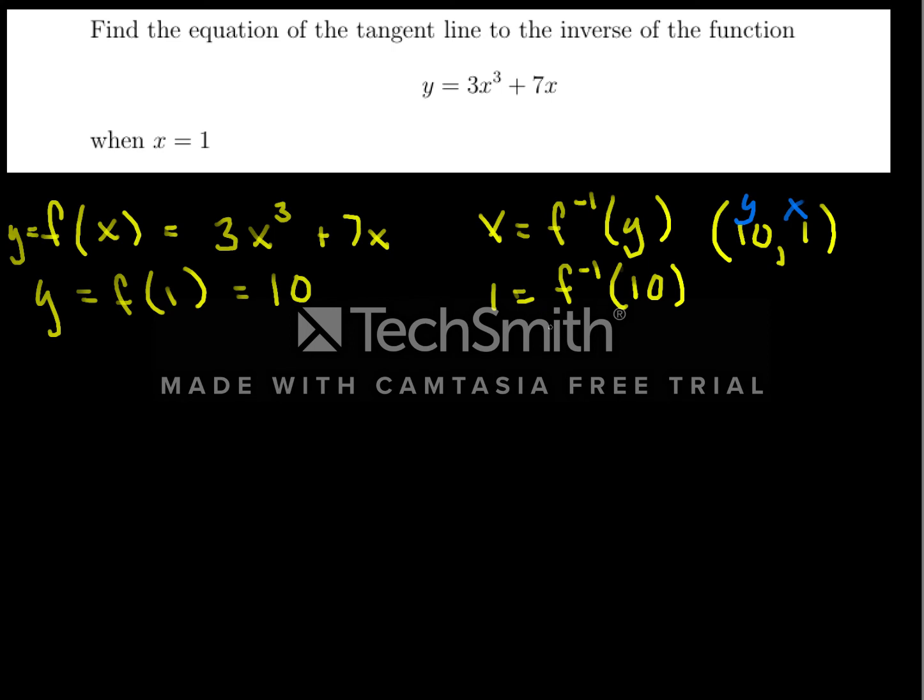And so then the equation of my tangent line will be x minus 1 is equal to the derivative of x with respect to y, evaluated when y is equal to 10, times y minus 10, right? That's the standard form of our tangent line. So all we need to do is figure out what dx/dy is.